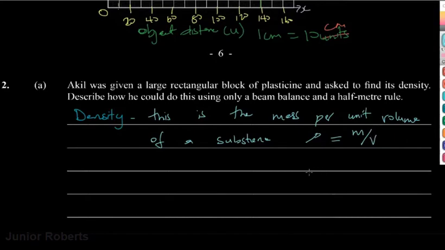So now, in this case, they want us to explain how we can actually find the density of a rectangular block of plasticine using a beam balance and a meter rule. Do we know what a beam balance is and what it is used for? What do we use a beam balance for?